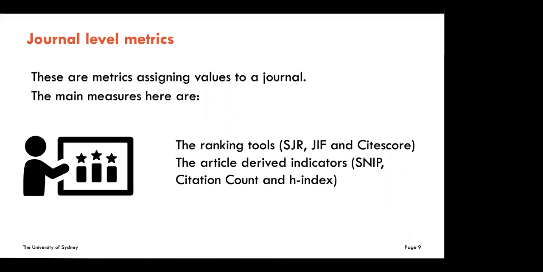It's a count of citations in the year across all the articles published within that particular journal. And the SNIP is the ratio of the average citation count per paper and the citation potential for the subject area. Again, this is normalized data, so you can compare different subject areas.